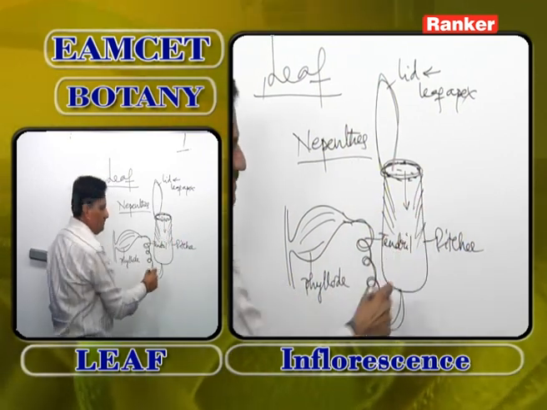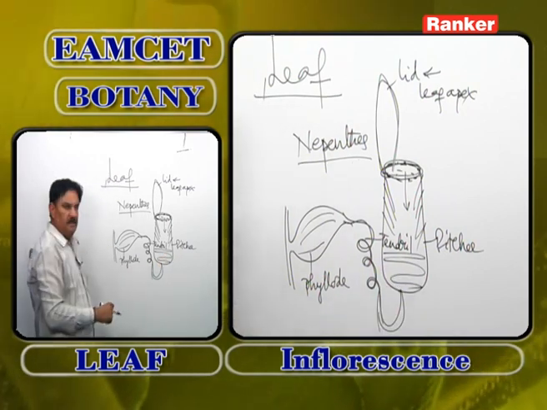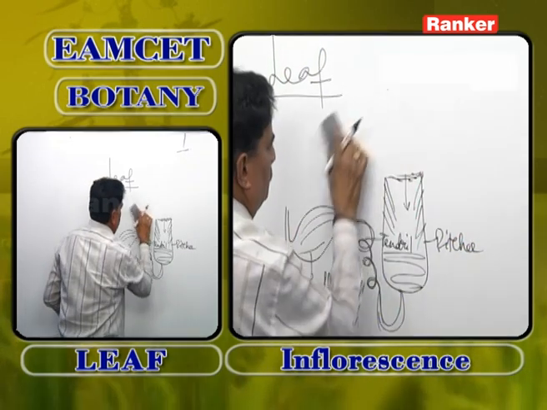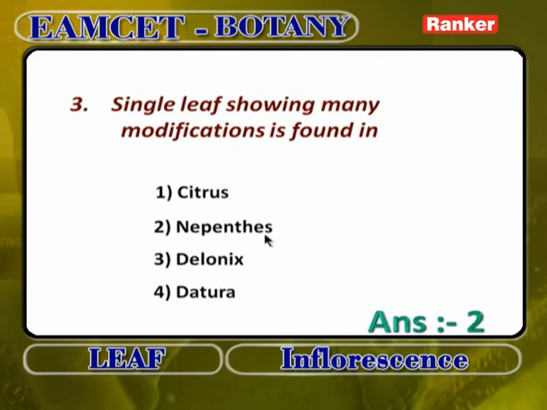Downwardly bent hairs do not allow the insects to come out. At the base, an acidic fluid is there. Ultimately, the insect is killed. So, the leaf shows maximum modifications. The answer is Nepenthes, not Citrus, Delonix and Datura. Next question.